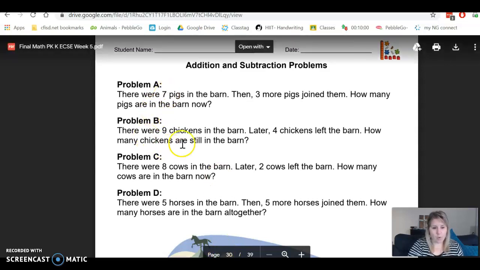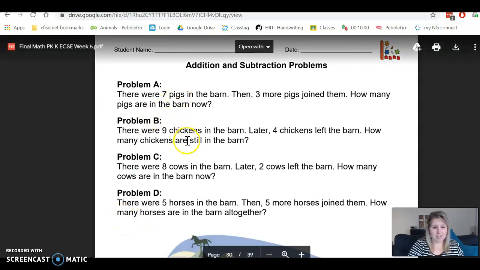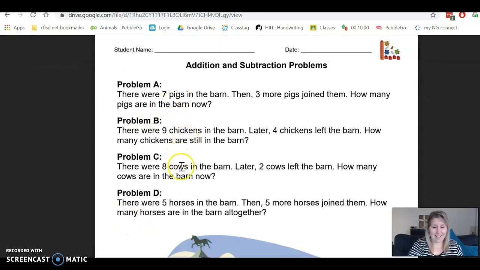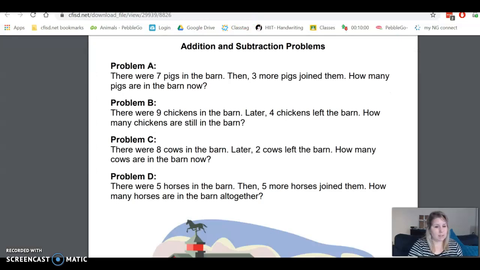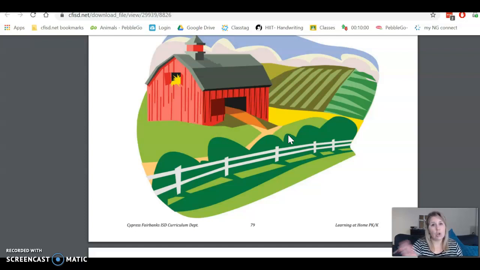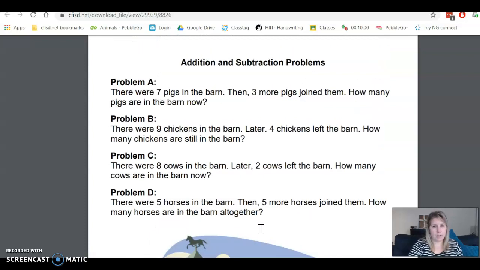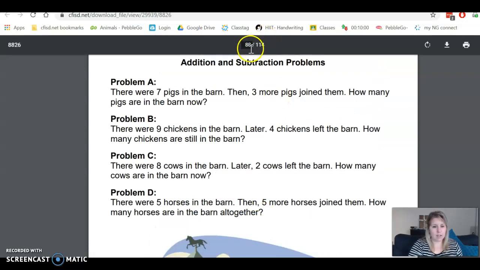And you have 4 word problems, just like we did, about pigs, chickens, cows, and horses. But they're not the same ones that we've already done. If you're in the paper packet, you can turn in your booklet to page 79, and you'll have the word problems. If you're doing it online, it's going to be page 80 in the packet.